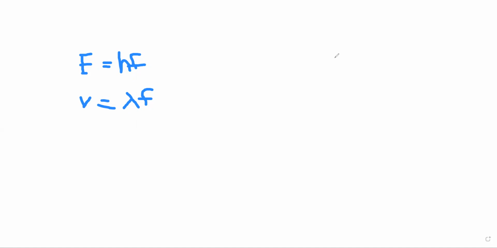So I already gave you the Planck's constant, and the constant for the speed of light is equal to 3 times 10 to the power of 8 meters per second.